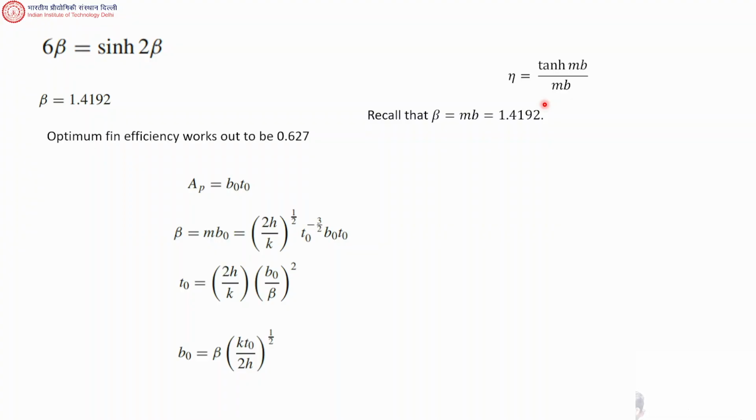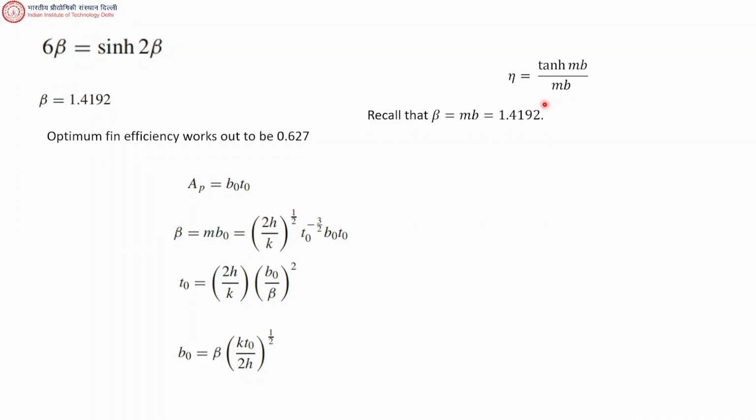We are more interested in b naught and t naught, the names for the optimized values of b and t. Ap, of course, is b times t. And when you optimize, the optimized values are b naught and t naught.